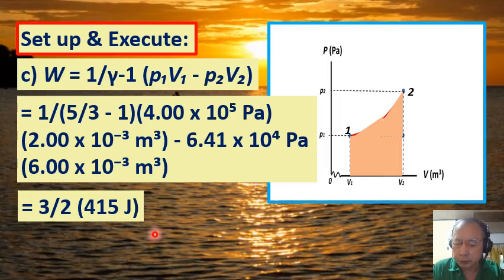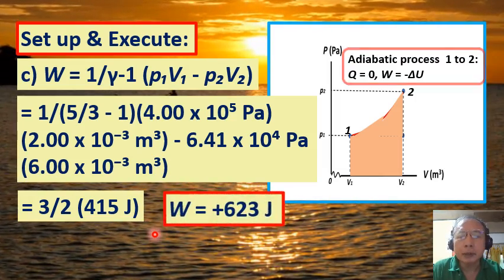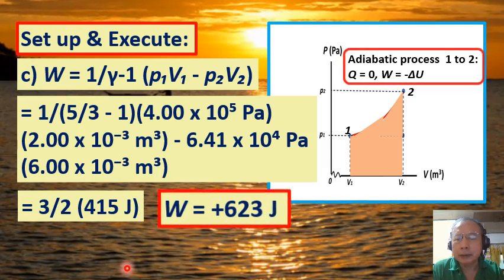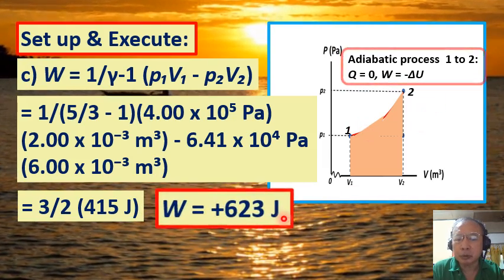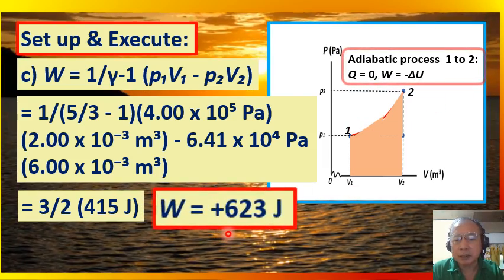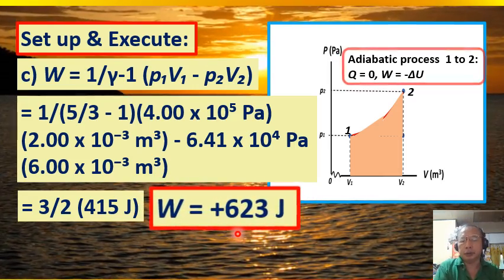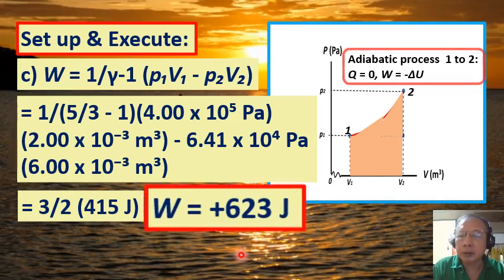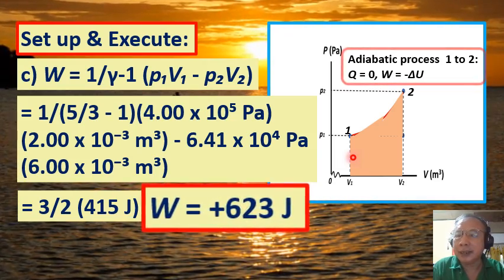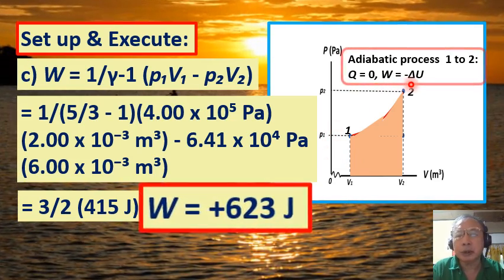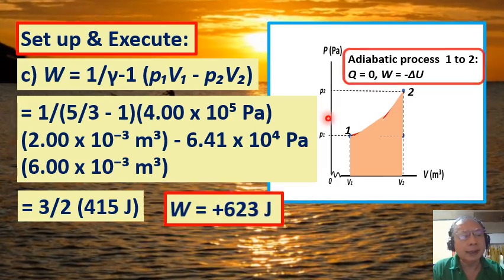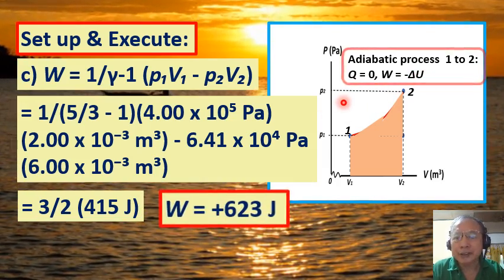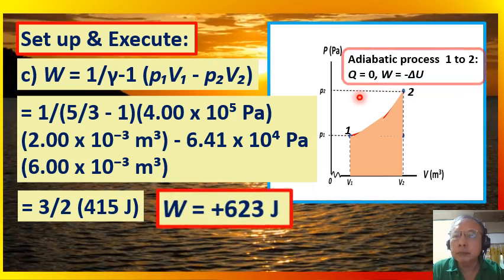joules. So the work done by the gas as it expands adiabatically from state 1 to state 2 is equal to positive 623 joules in 3 significant figures. Take note that in an adiabatic expansion of the gas argon, there is no heat transfer involved.